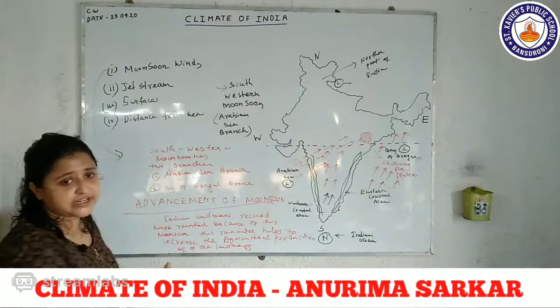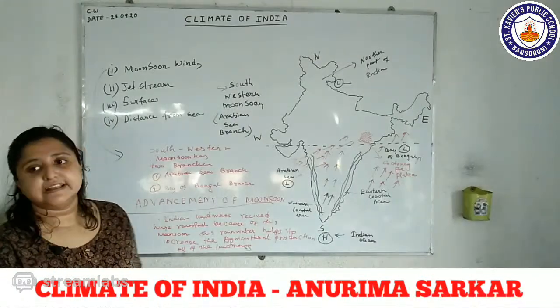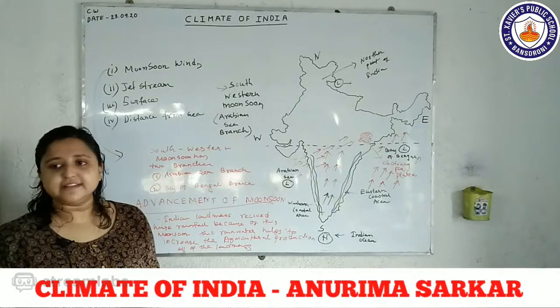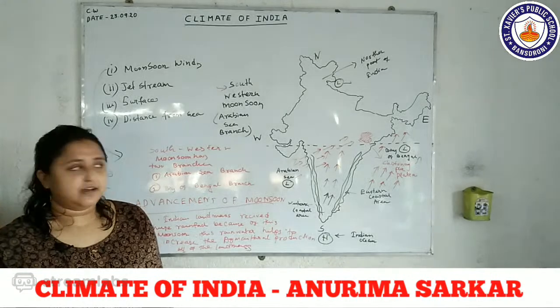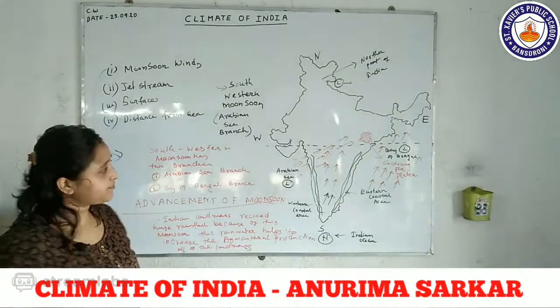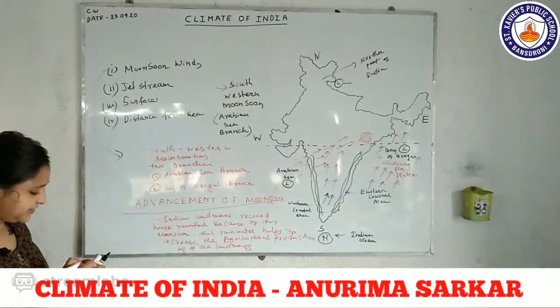If the agricultural production is high or increases, the primary activity will also increase. So it directly determines the Indian sector of economy, right? So this is known as the advancement of monsoon.